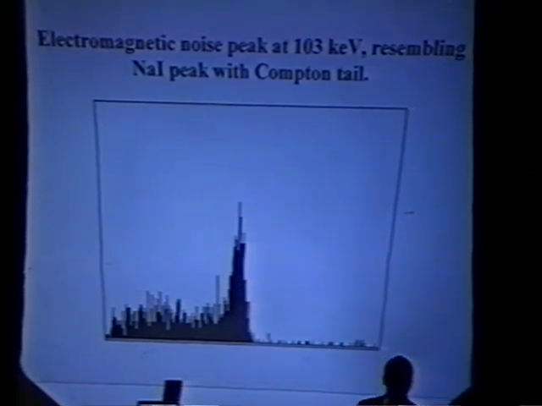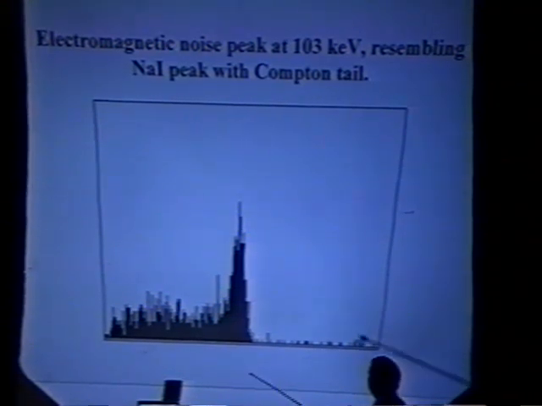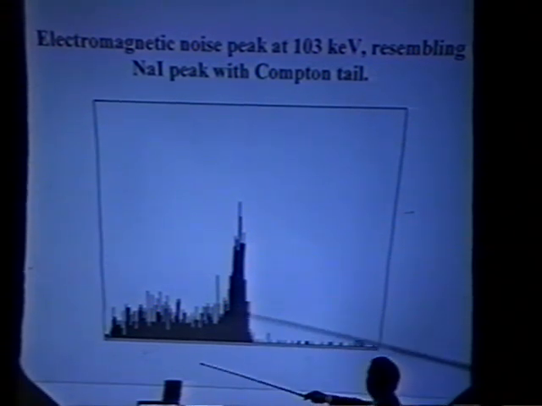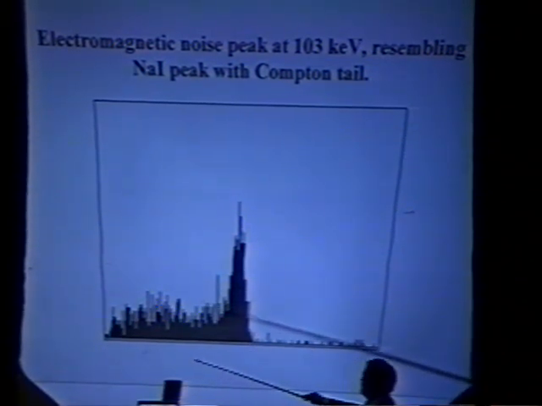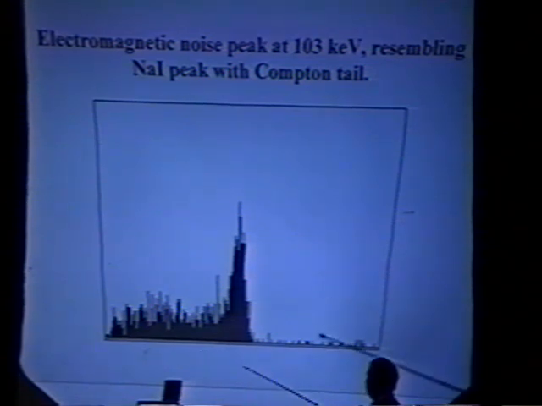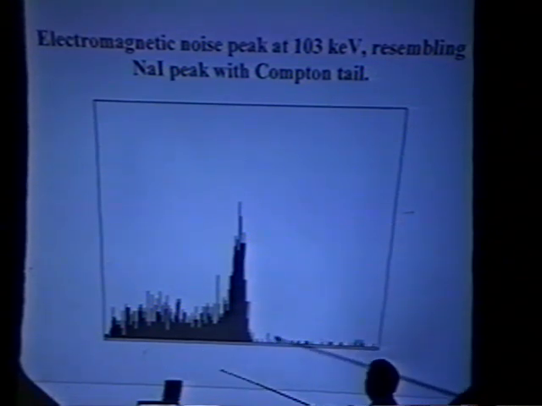But if you're really clever about it, you can make noise that looks like real signal. This is something that I made using a plasma experiment, and it looks, for all the world, like a peak from a sodium iodide detector. It's nice and broad, and I even have a Compton plateau here, and some counts at high energy, but not very many.